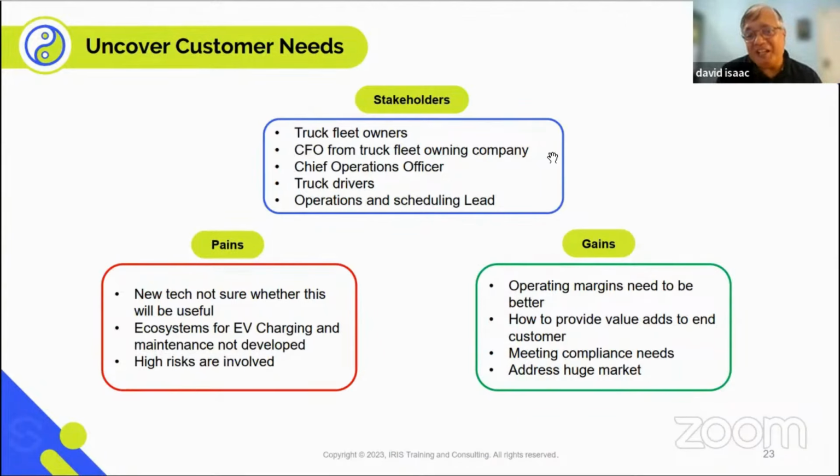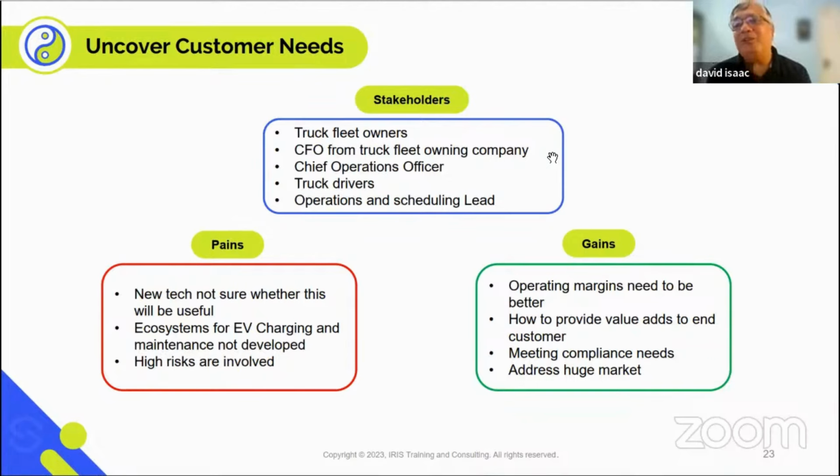How do you really manage that? There are also ways that they see a lot of organizations are going to migrate to these EV vehicles, and therefore, how do I address them? How do I meet the compliance needs? How do I meet the huge market? There's a huge market, so those are the gains. You could meet the compliance needs of organizations.